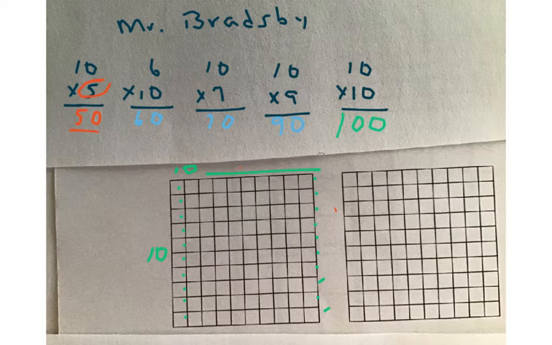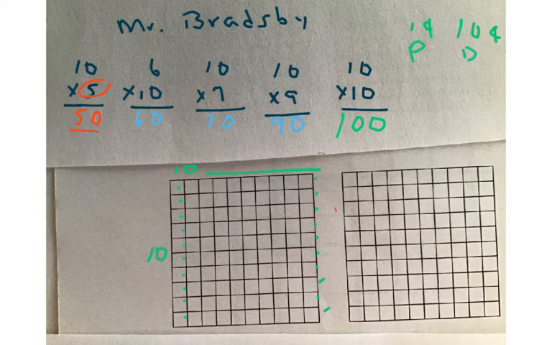Well, that should make some sense to you, though. Think about our money. A 1 would be 1 cent, wouldn't it? 1 cent. And if you take 10 pennies, 10 1 cents, you get a dime, right? So this is a penny, this is a dime.